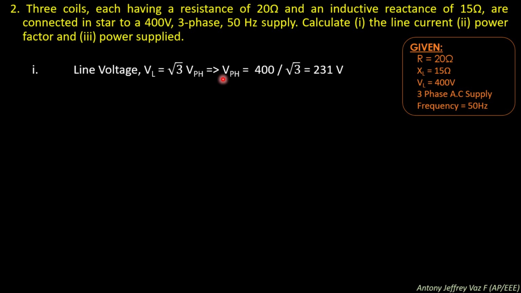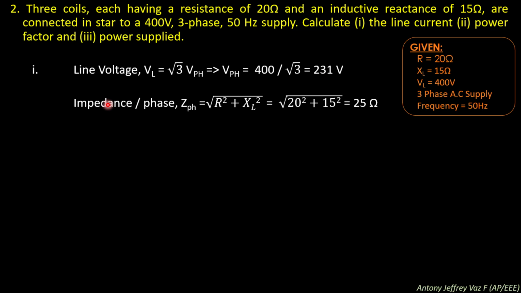First, we are going to find the phase voltage. Here the line voltage VL is equal to root 3 V phase. So you need to cross multiply. V phase is equal to VL divided by root 3. Here VL is 400 volt. So 400 divided by root 3 will give you 231 volt.